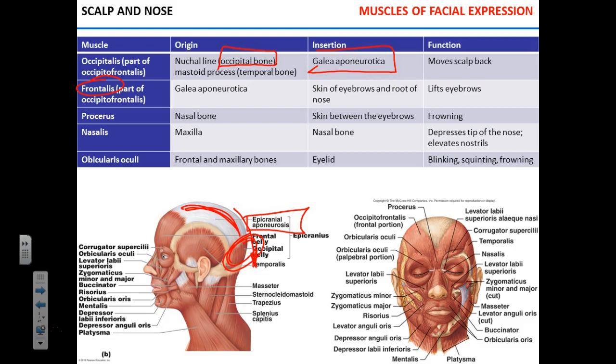A muscle can be inserted into the skin. Does that make sense? This is what it does. You look surprised.